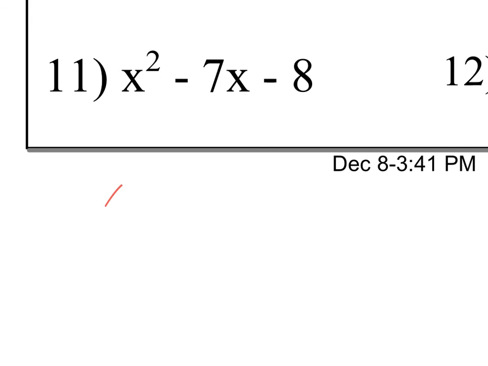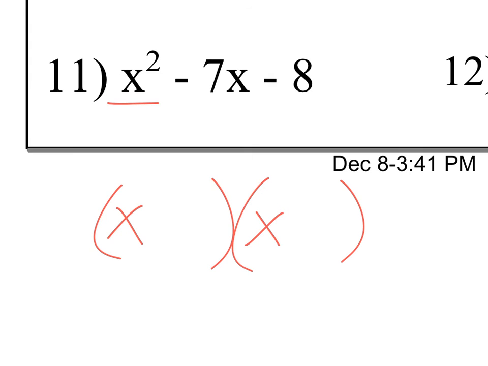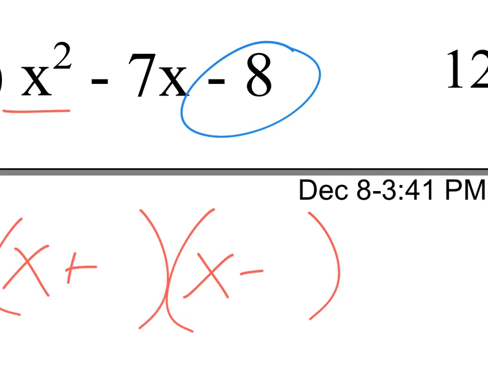Okay, last two here. I'm going to set my two binomials up. x squared is what I start with, so I'm going to start with x and x. This says negative 8, so that tells me my signs will be opposites, one positive, one negative. 8 only has factors 1 and 8, oops, not 1 and 18, but 1 and 8, and 2 and 4.